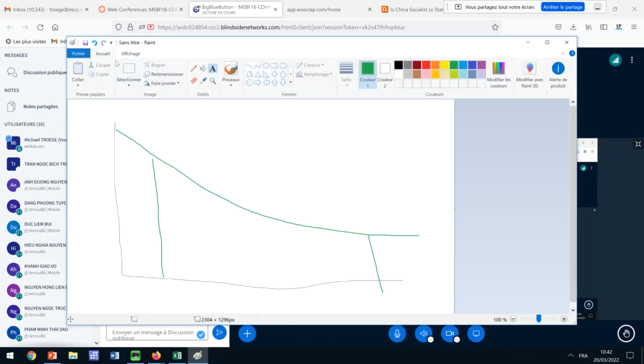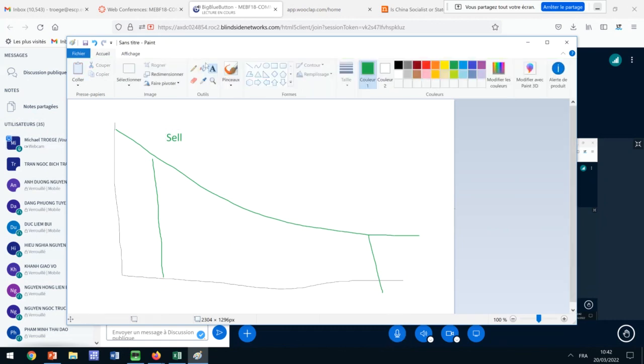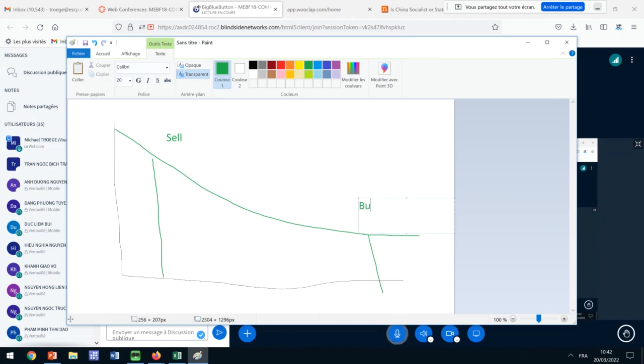Okay, I think I should give up on this. I'm just not good at it. You sell here, and you buy there. Sell, and you buy. That's the roll process.